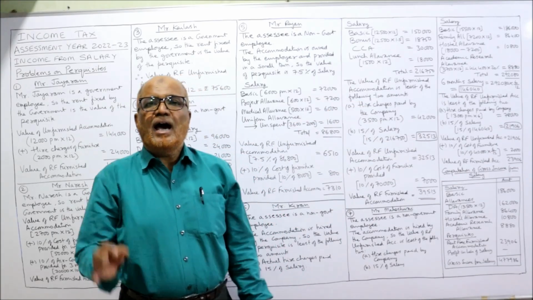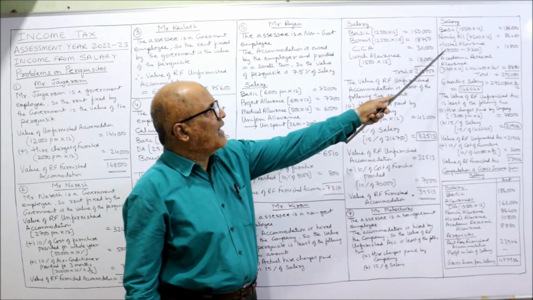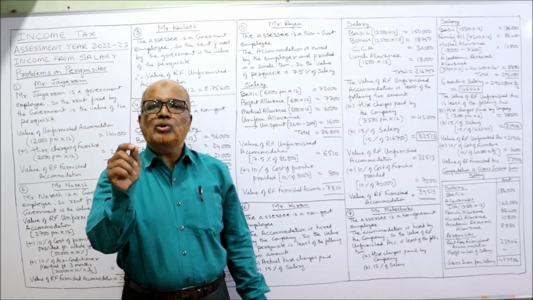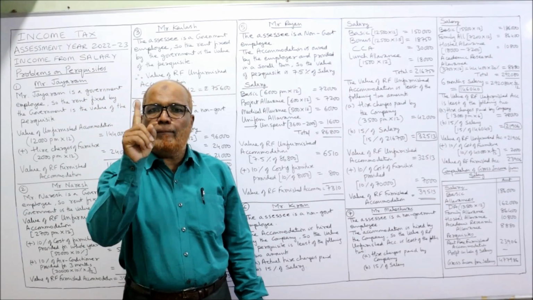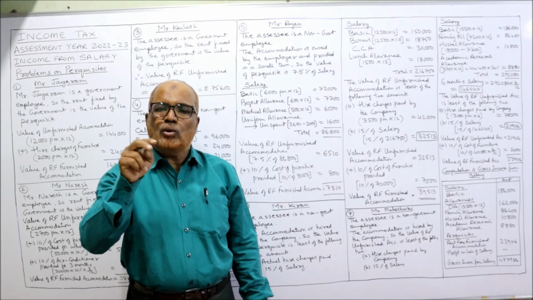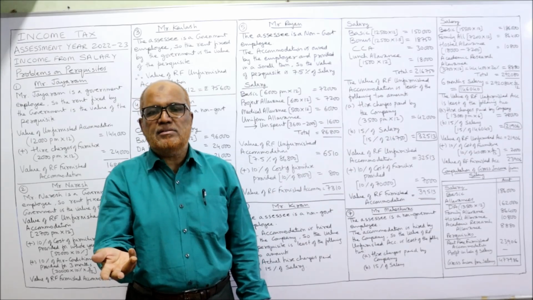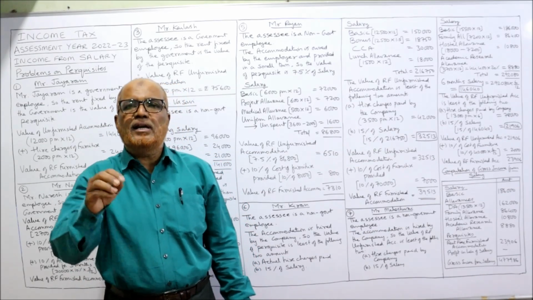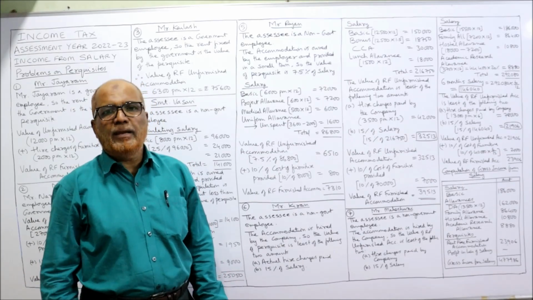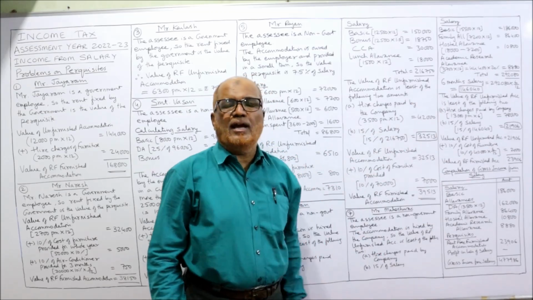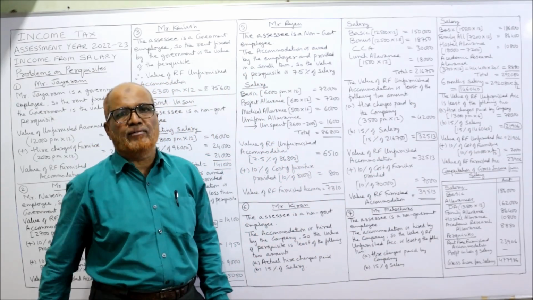Hostel allowance, actual hostel allowance received 18,000, but exemption is given up to 3,600 per annum per child for a maximum of 2 children. So here, 2 children only, he got hostel allowance. So 3,600 plus 3,600, 7,200 is exempted. Remaining is taxable. So 18,000 minus 7,200, 10,800 is taxable hostel allowance.